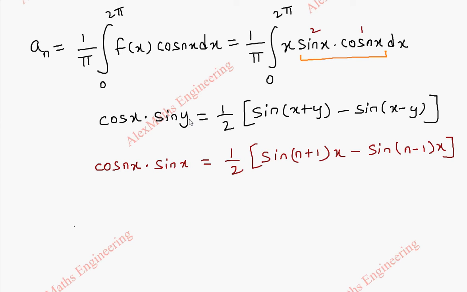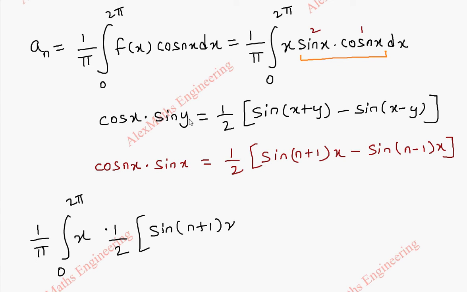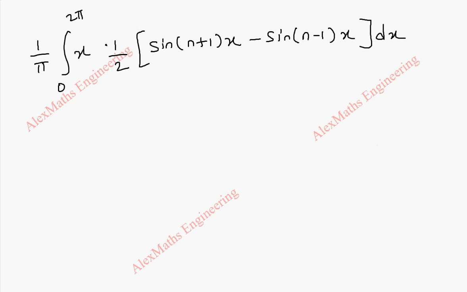So substituting this, we have 1 by pi integral 0 to 2 pi x into 1 by 2 sin n plus 1 x minus sin n minus 1 x dx. So now we shall take this 1 by 2 outside. So we have 1 by 2 pi integral 0 to 2 pi. We have x, and the rest of the terms are written as it is.